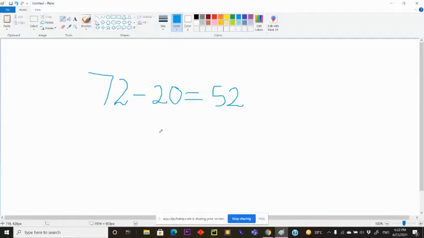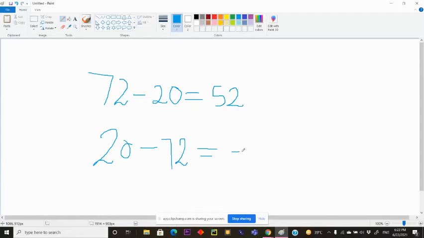So what if I reverse this order? You will say that, ma'am, this is the commutative property, but actually we're just going to put 20 over here and 72 over here. Will this be possible if we don't want an answer in minuses? We want from 0 to infinite, which is the whole numbers. No, it can't.